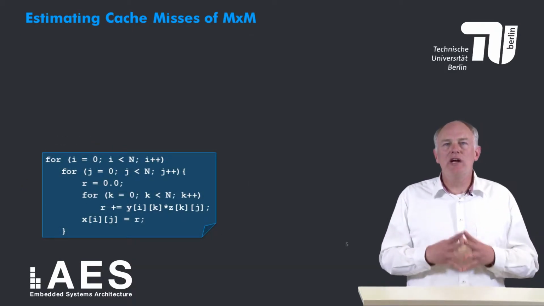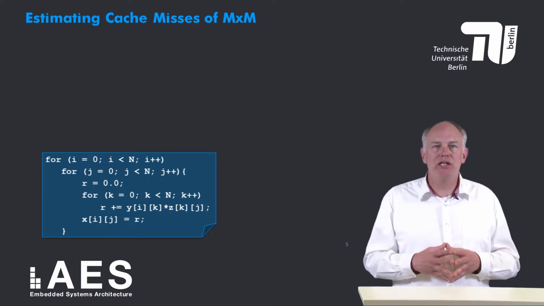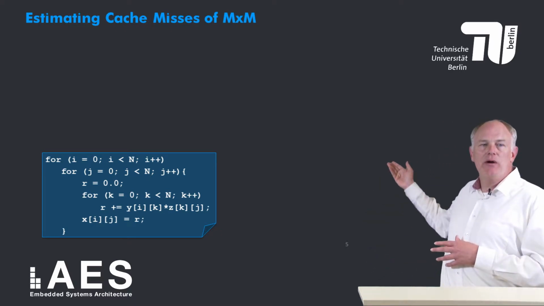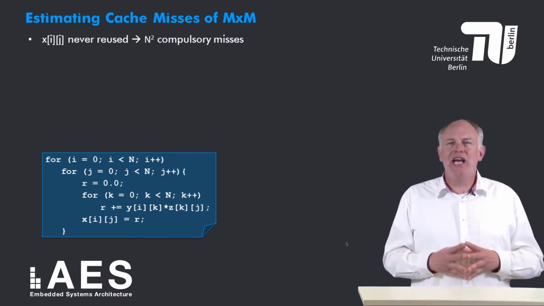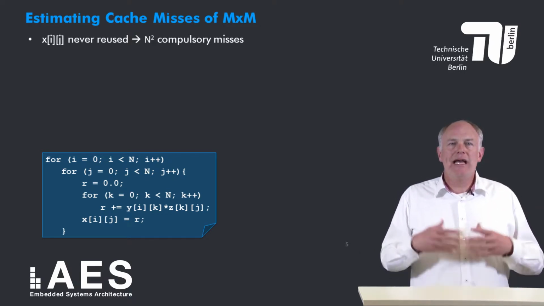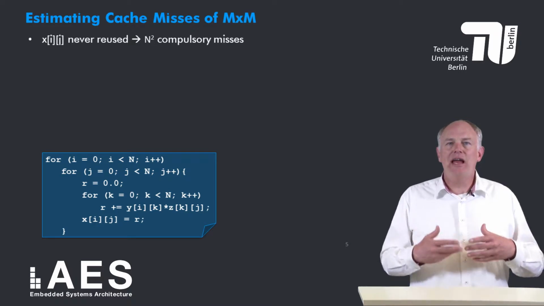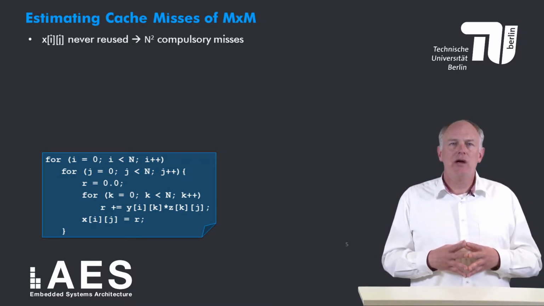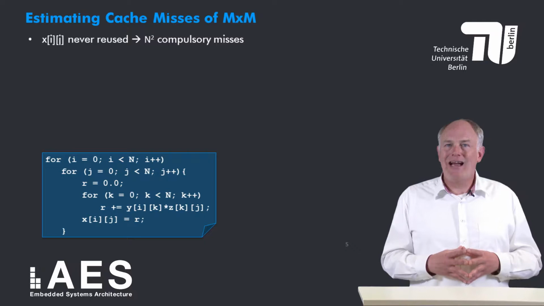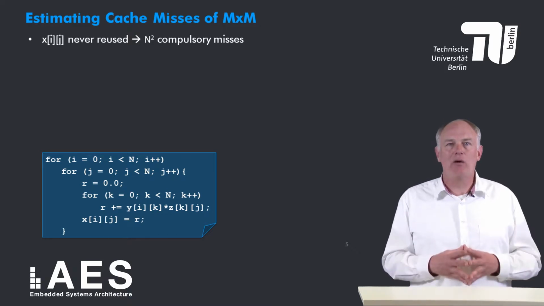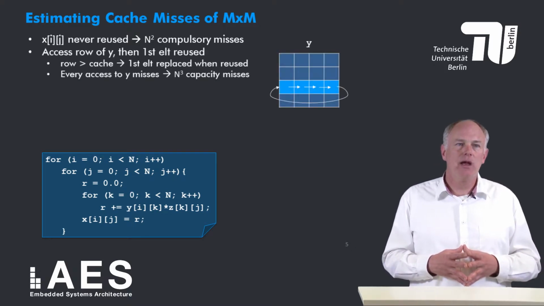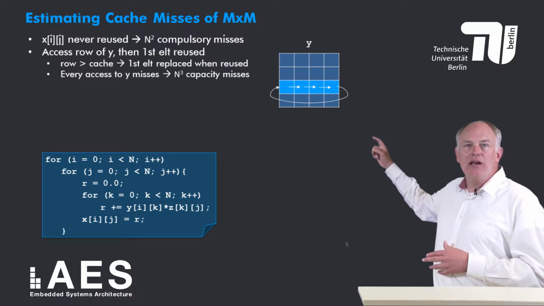Let's start with the original unblocked matrix multiplication code shown here at the top for ease of reference. First, observe that xij is never reused. It is set once to zero and then never reused after that. So assuming we employ write allocate, every access to xij will miss, and this corresponds to n square compulsory misses. Now look at the inner loop.